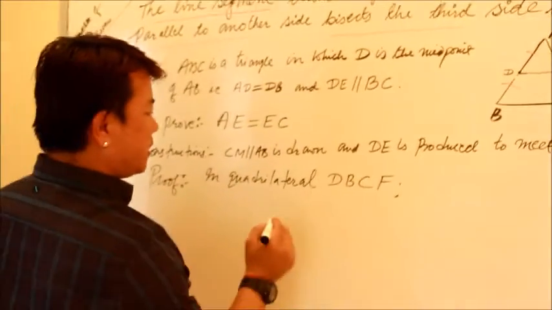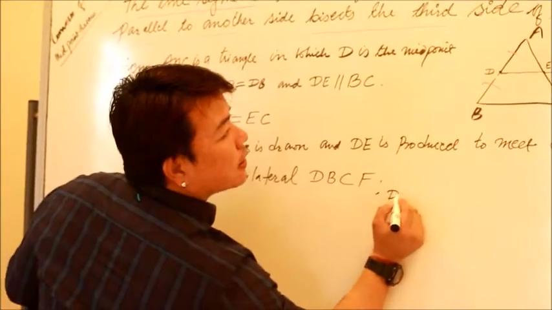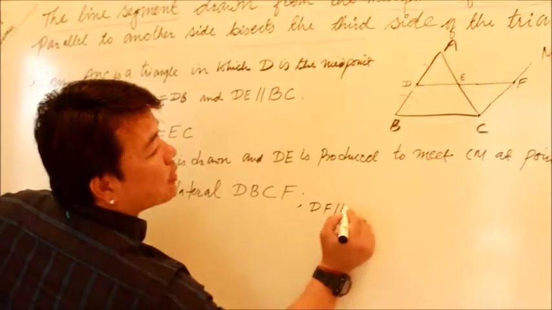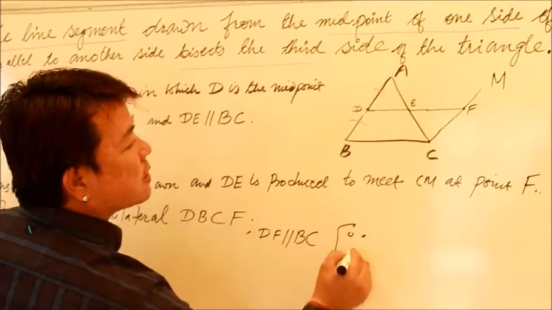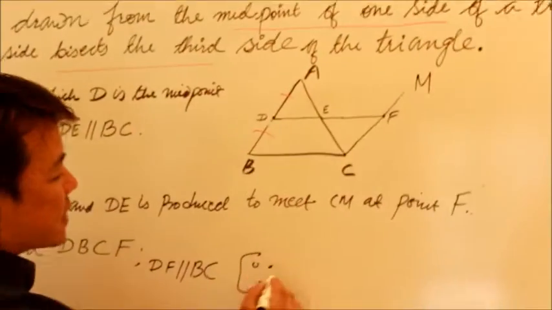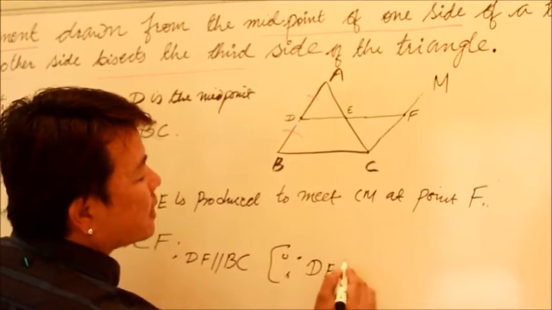So DF is parallel to BC, since DF is the extended part of DE.